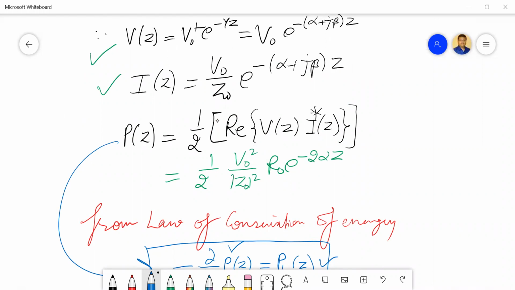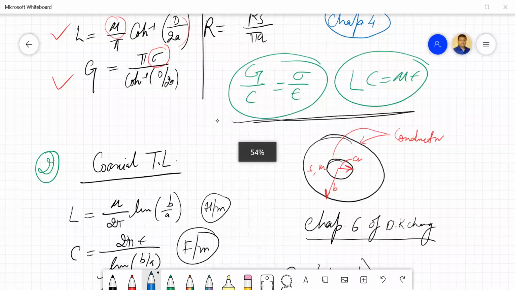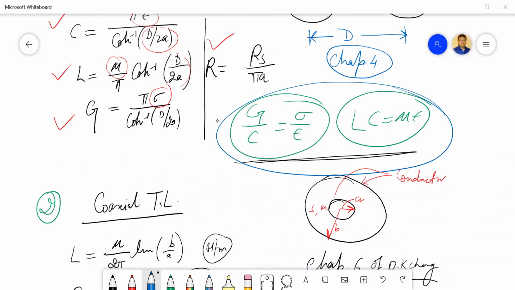Particularly, at the initial level we focused on the parallel plate transmission line and saw the lumped parameters. Then we used the already derived outcomes of the coaxial transmission line as well as the two-wire system to find the lumped parameters, having the relation we discussed here in the green font.